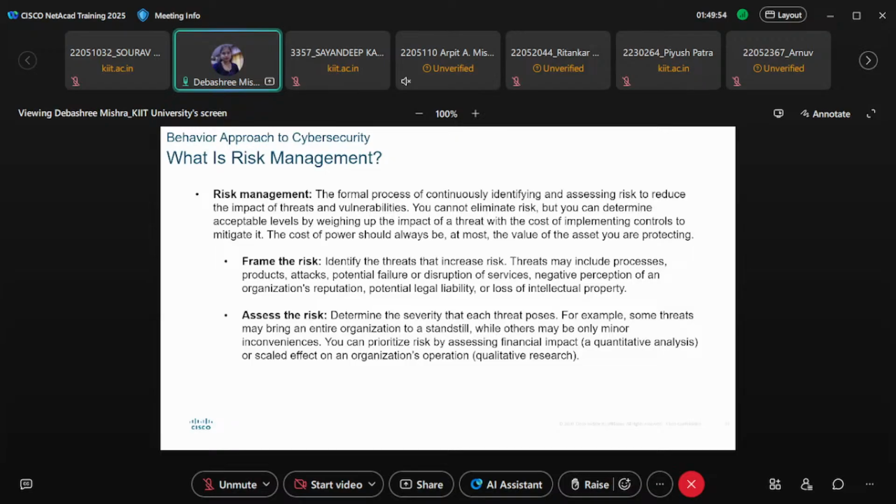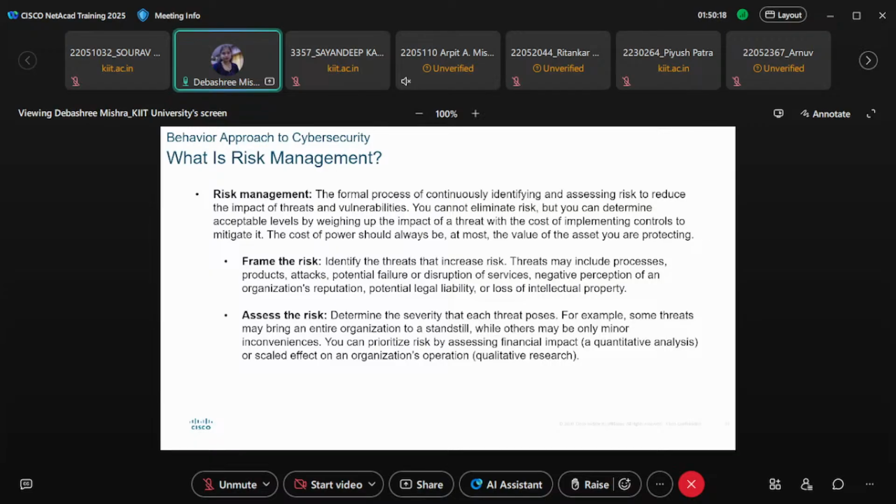They may include the processes, the products, the attacks, the potential failure of services, the negative perception of the organization's reputation, and may lead to the loss of intellectual property. There may be potential legal liabilities.